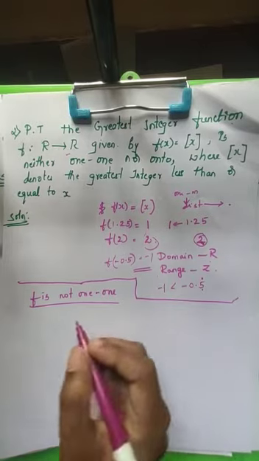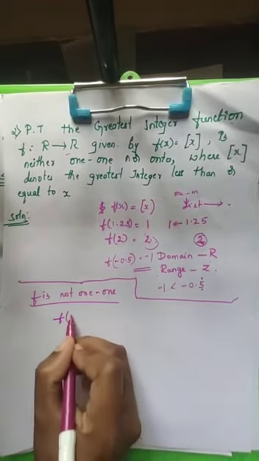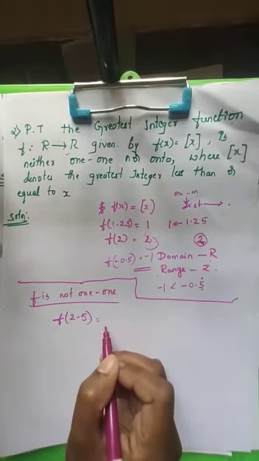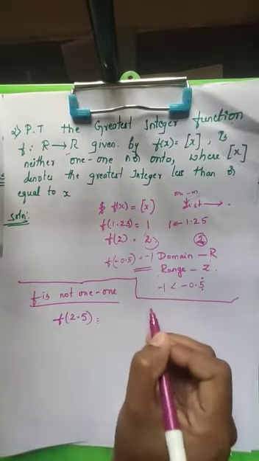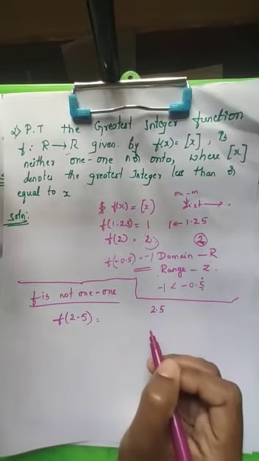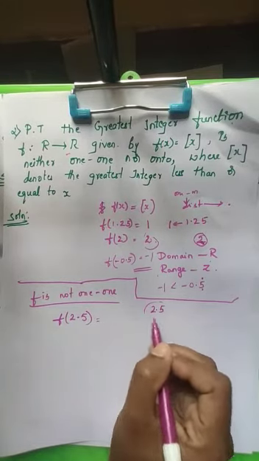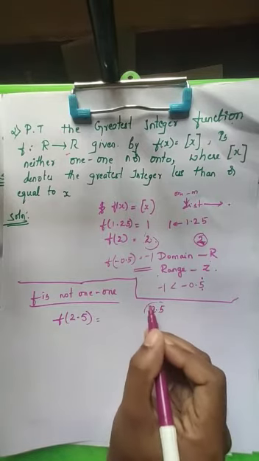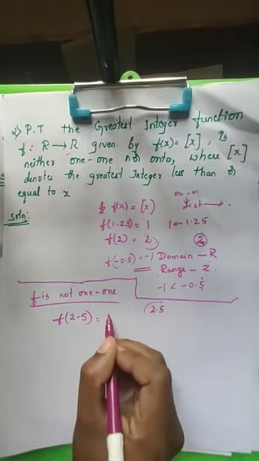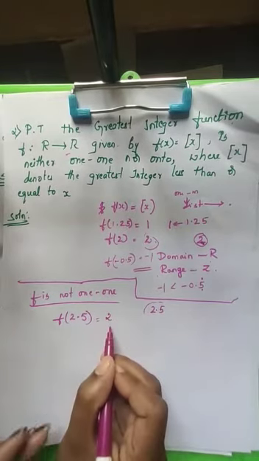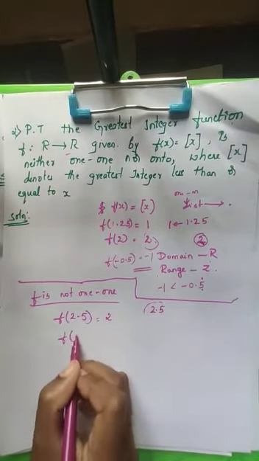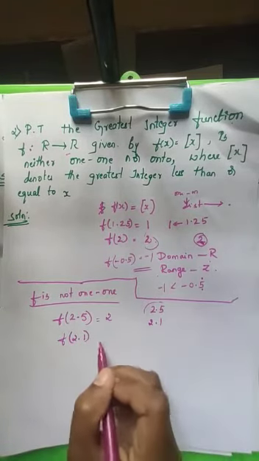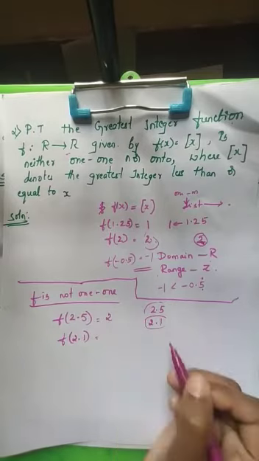So if you take f of 2.5, what is f of 2.5 under the greatest integer function? You have to write the integer which is less than or equal to 2.5. Is 2.5 an integer? No. So what is the integer less than 2.5? It is 2. So f of 2.5 is 2. Now what is f of 2.1? Is 2.1 an integer?